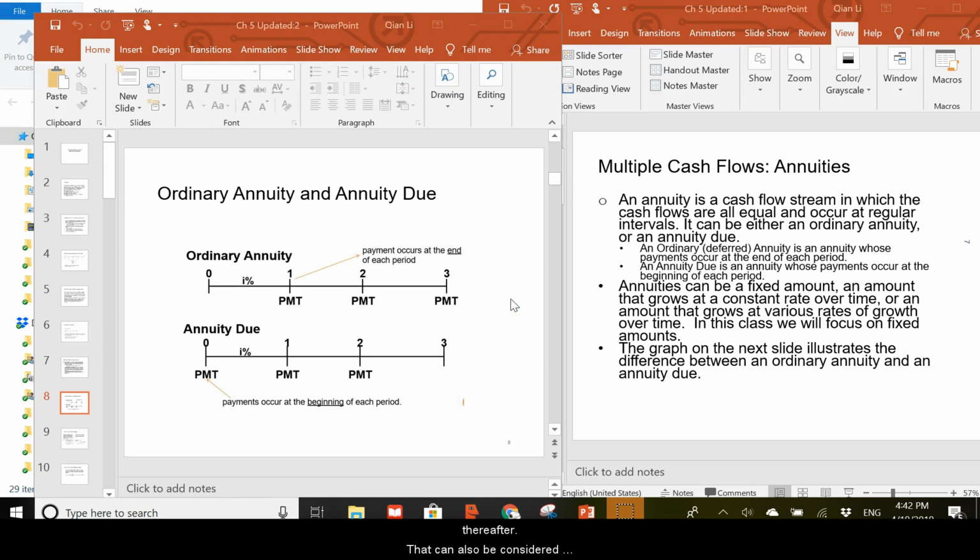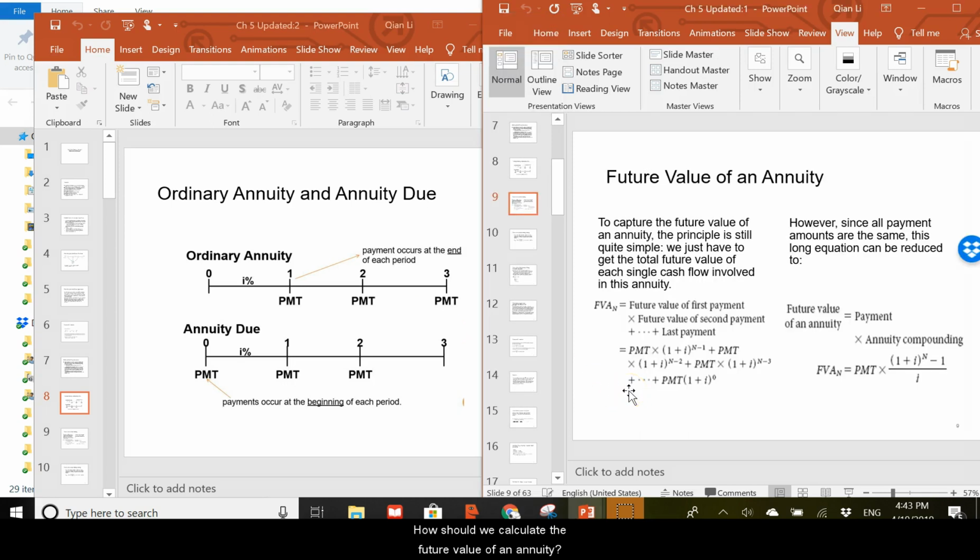That can also be considered as an annuity, where the annuity payments grow at a constant rate over time. But for this chapter, in this class, we focus on the fixed amount of payment for our annuities. So we only focus on annuities with the same amount of payment every time.